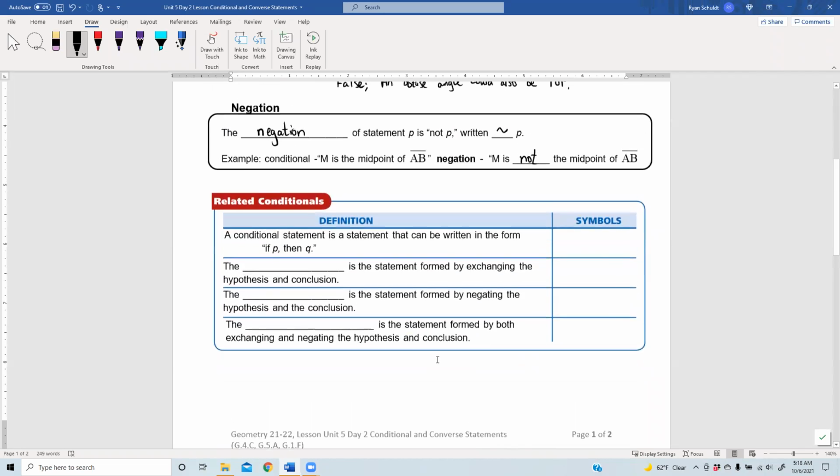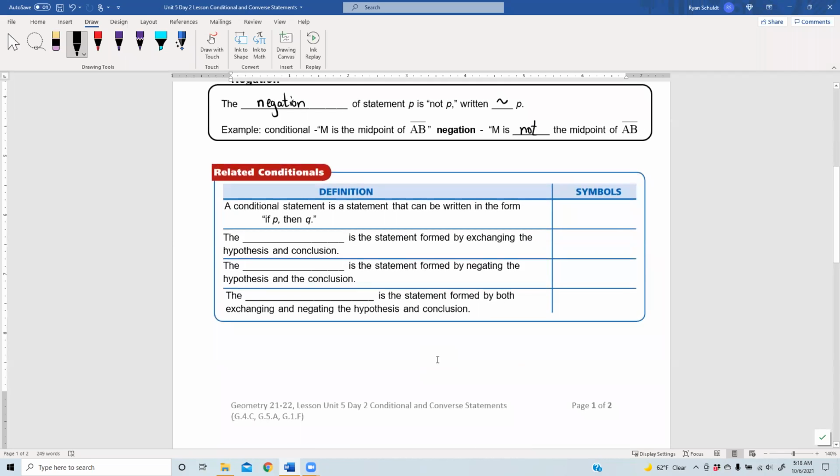So let's talk about the different types of conditional statements that we're going to have. The first one is your classic one that we learned about yesterday.